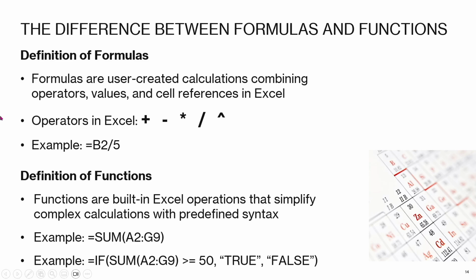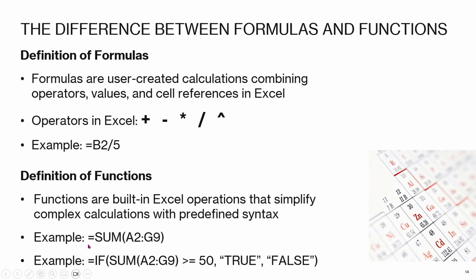In this case, with this formula, it would use whatever value is in cell B2 and divide it by 5 using the forward slash.